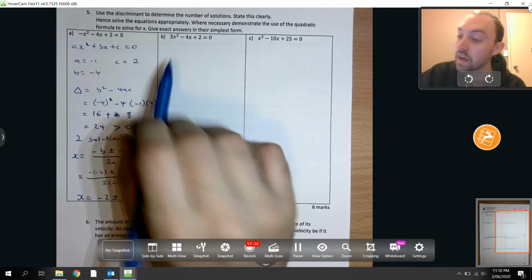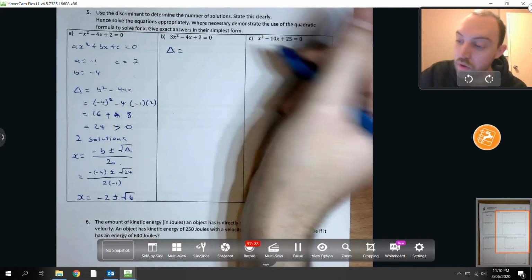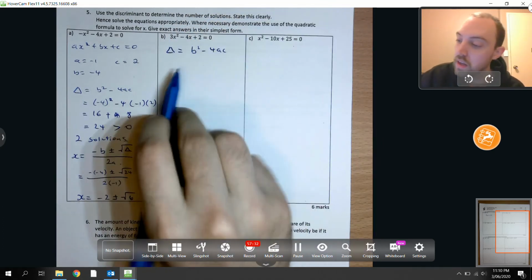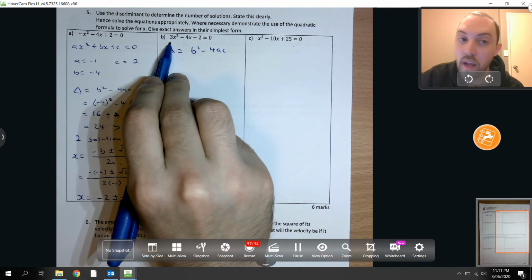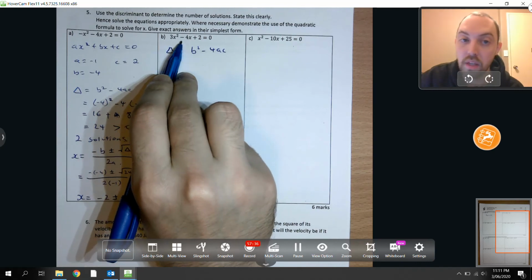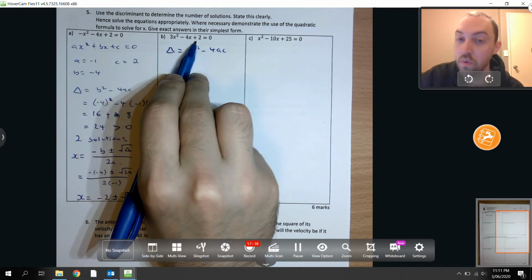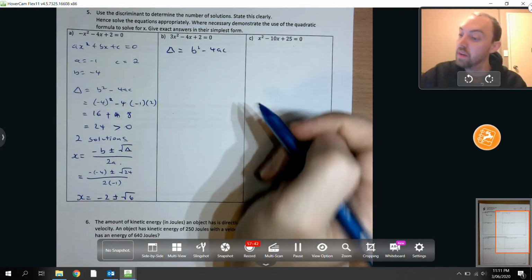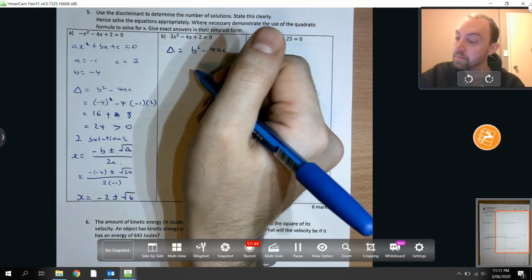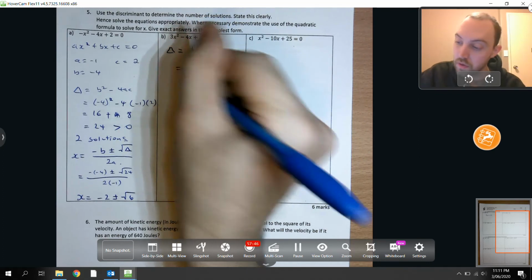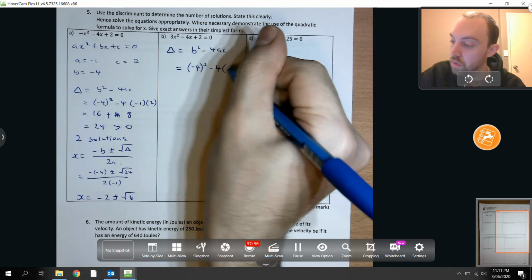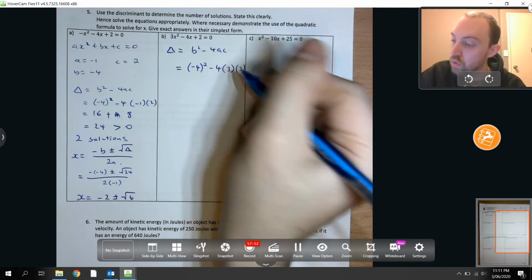Part B. Discriminant first. B squared take 4ac. A is 3, B is negative 4, C is 2. So negative 4 all squared, take 4 times 3 times 2.